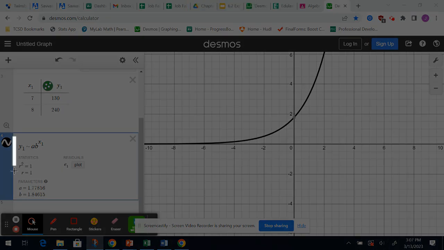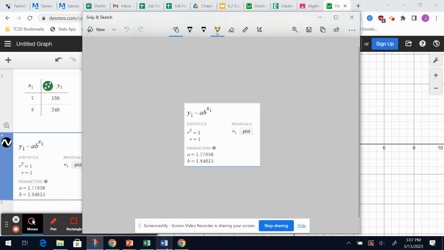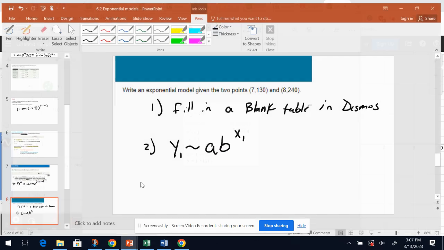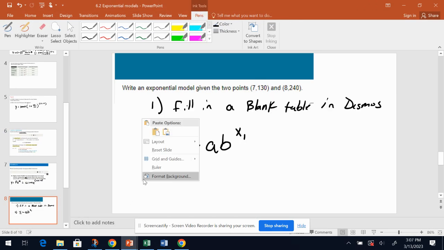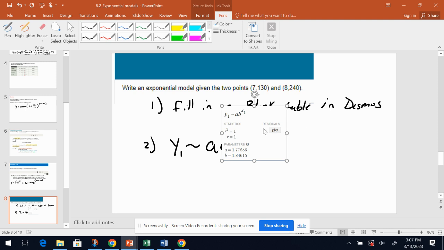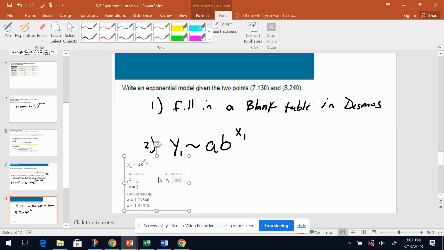So I'm going to go ahead and copy and paste this over to my PowerPoint and show you what the answer should look like. Okay. So then now, when I get this in from Desmos, I'm going to make sure I round it to what they tell me to. They normally tell you to round to three places. So I'm going to have Y is approximately equal to A would be 1.779.